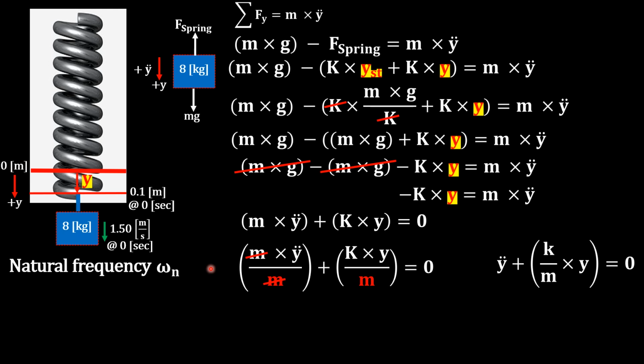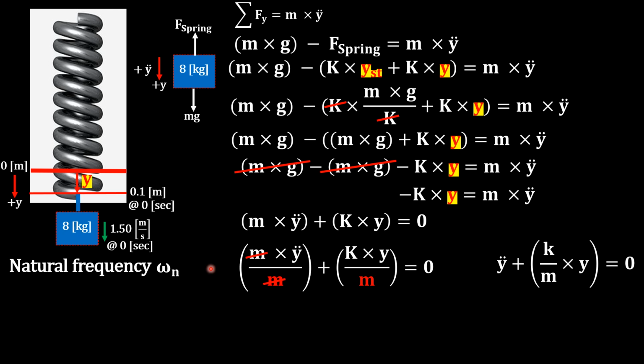So due to this object having certain elasticity and a certain mass, it has a natural frequency. So for example, like a fork. When you hit a fork, that fork will, due to its elasticity and its mass, have a certain frequency to it.